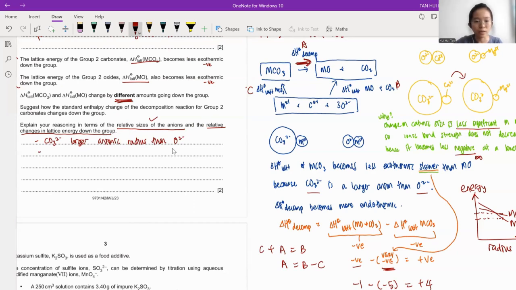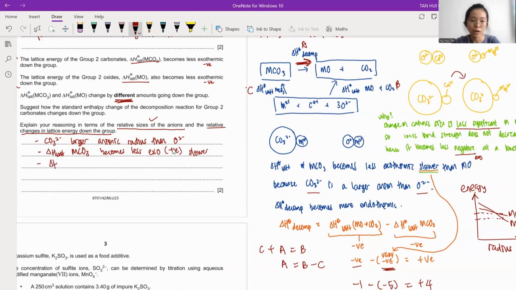That's why the change in your MCO3 lattice energy becomes less exothermic, less exothermic or negative, slower or at a lower rate.